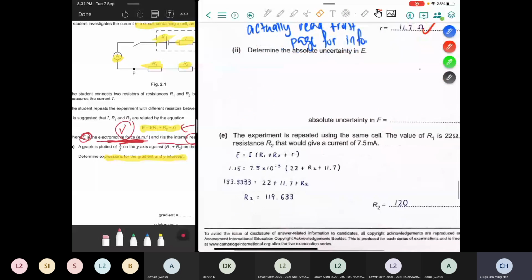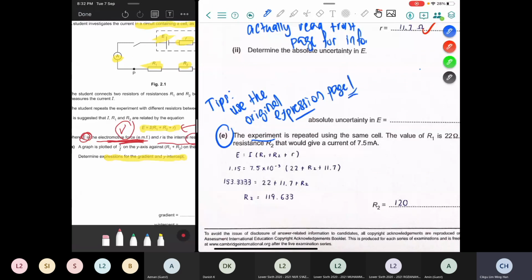All right, then the last one here, for your information, the last question, I wrote some tips for everyone. Use the original expression. Okay, original expression from page 1. So this one is the original expression you get from page 1.